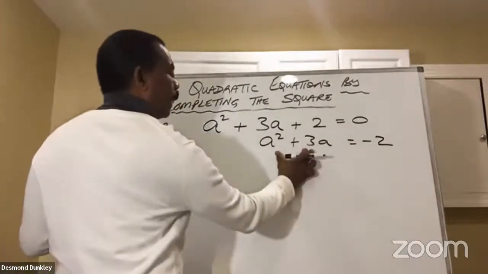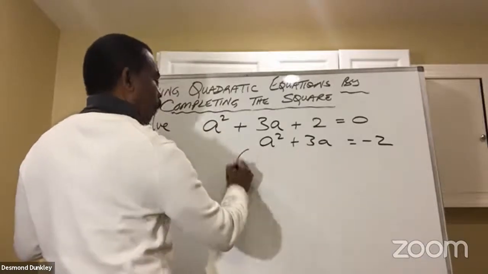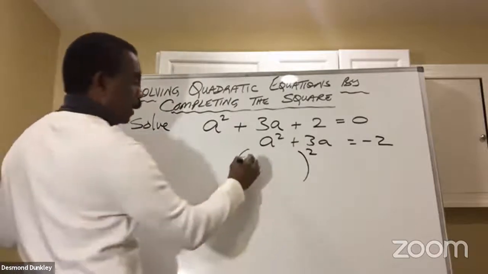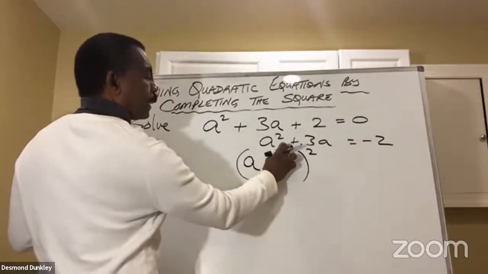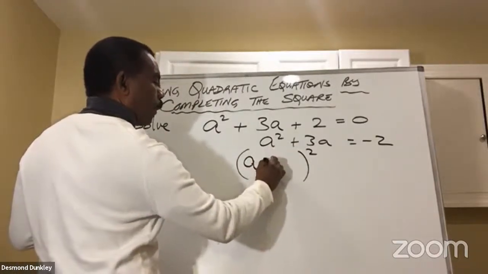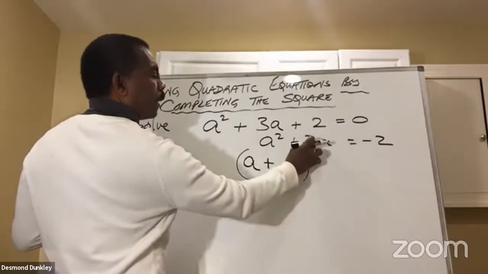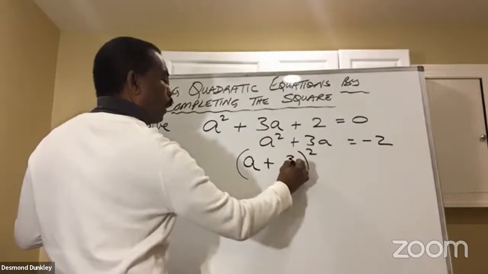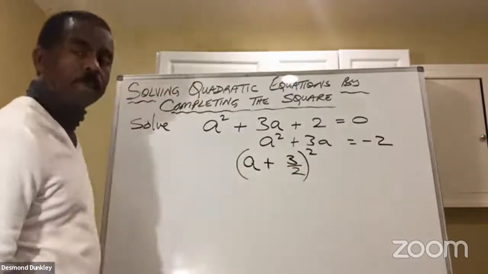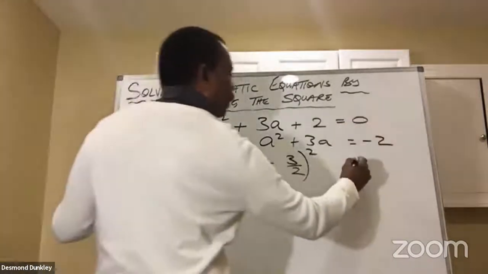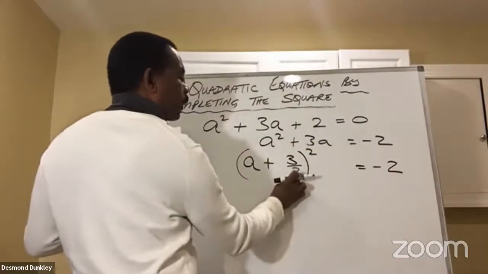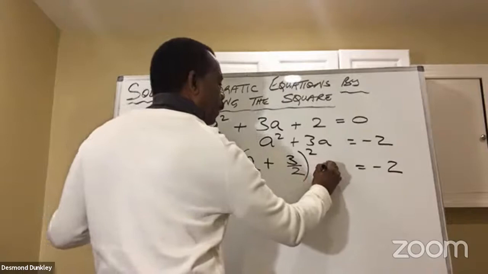Now we're ready to complete the square. So we have our parentheses, and we put our square. Inside we have our a. This is a plus, so we put our plus. And it's always this number divided by 2, so it is 3 over 2. The right side stays here, but because of this, you have to make an adjustment.